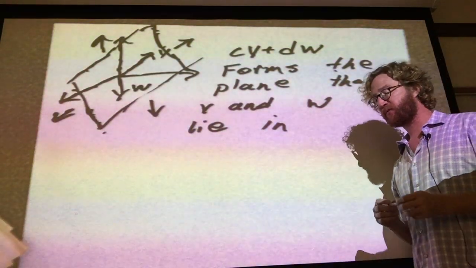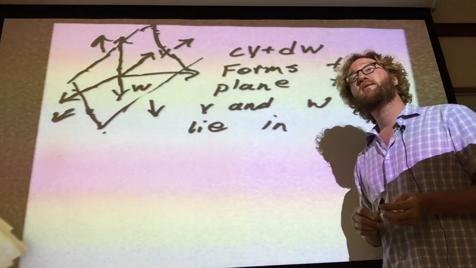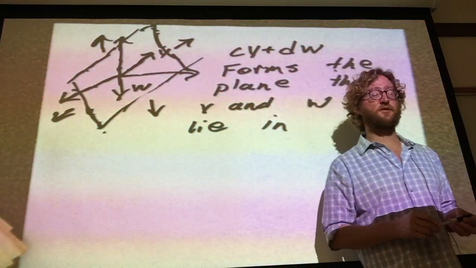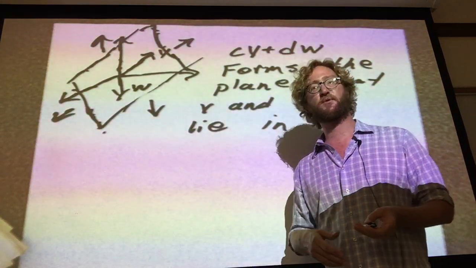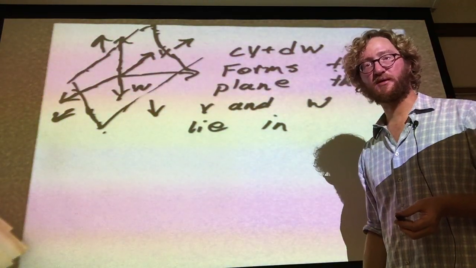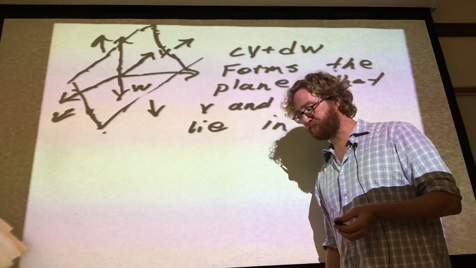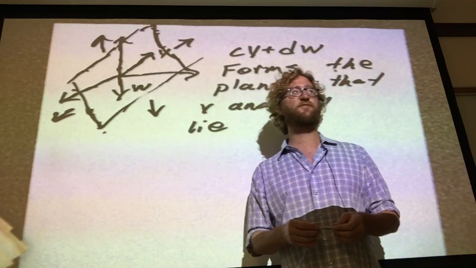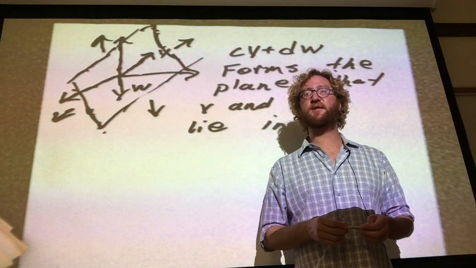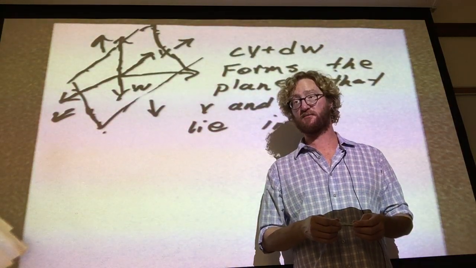Well, I was also talking about basis. I'm going to mention things that we'll do some precise definitions later on. So what does it mean for three vectors in R3 to be linearly dependent?